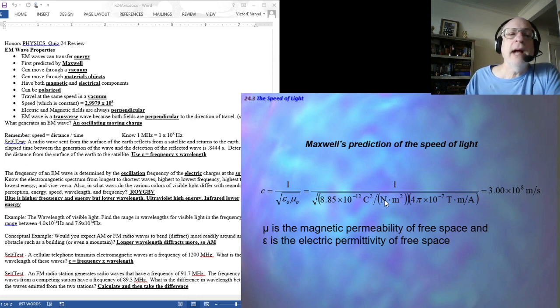Now we talked about Maxwell being one of the first. The electromagnetic wave properties were first predicted by Maxwell. He actually predicted that the speed of light would be 1 over the square root of the product of the magnetic permeability and the electric permittivity of free space.